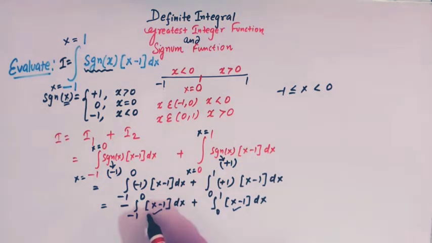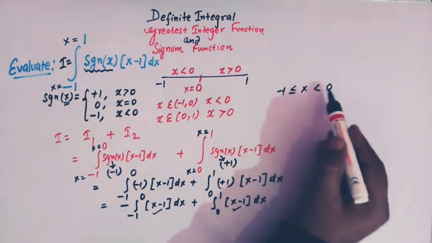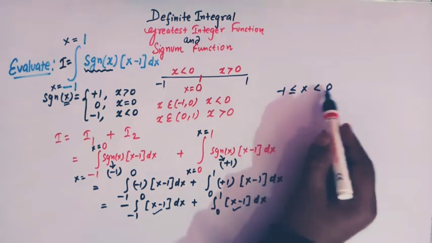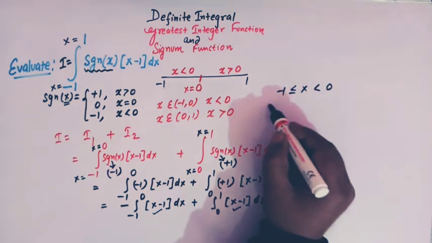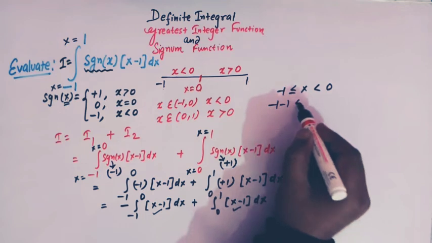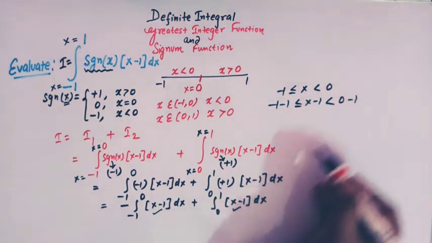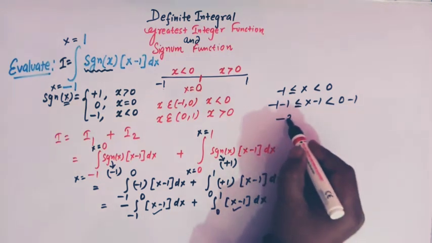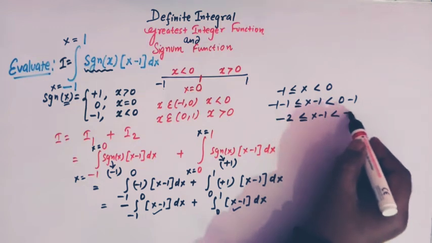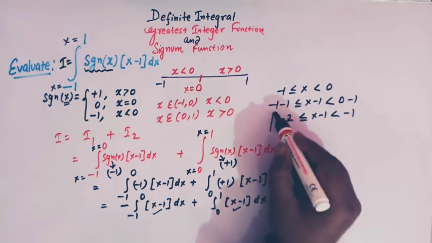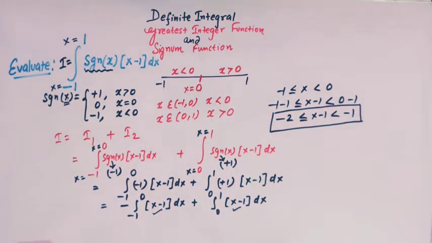So here we have x, it lies between minus 1 to 0, and if we subtract 1 throughout, then we have minus 1 minus 1, here we have x minus 1, and here we have 0 minus 1. So here we have minus 2, x minus 1, and minus 1. So we have arrived at this inequality, right?